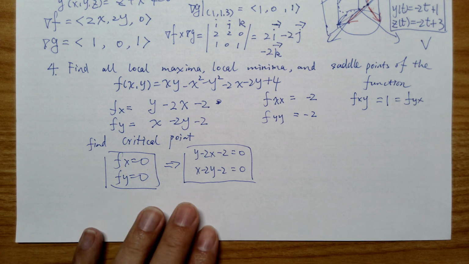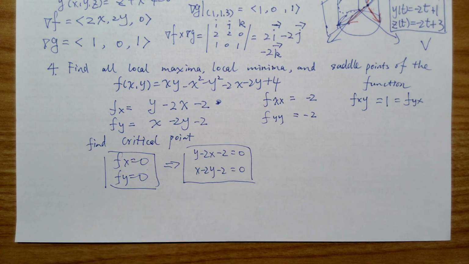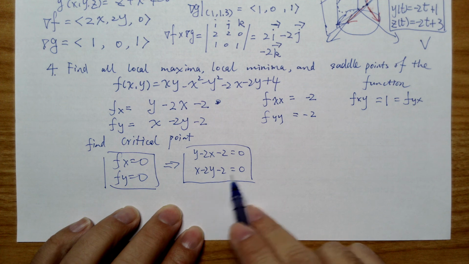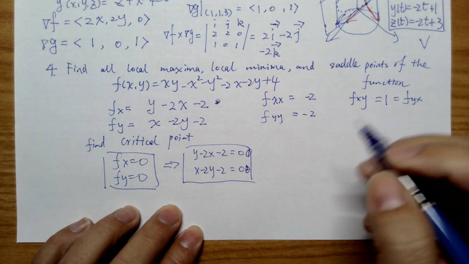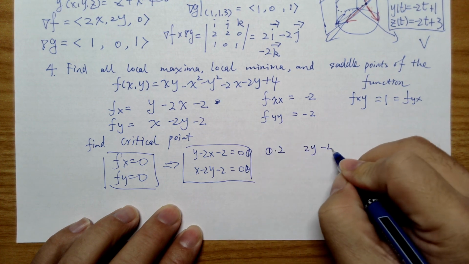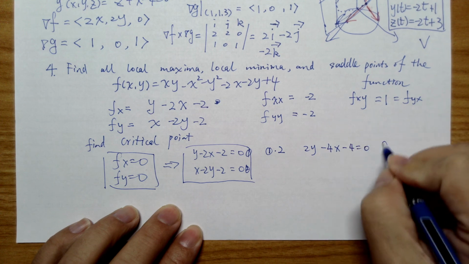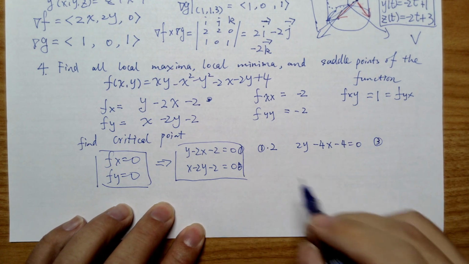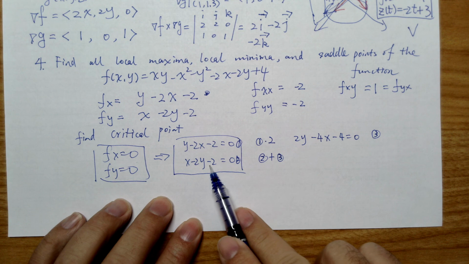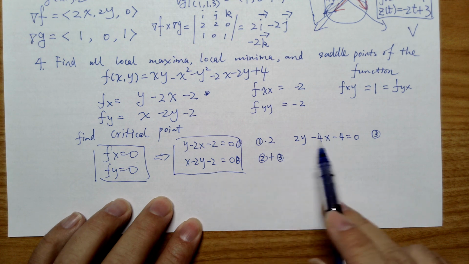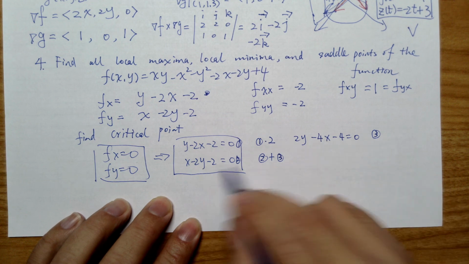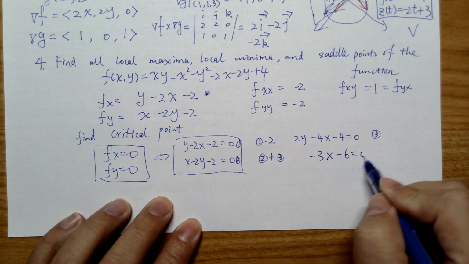We can solve this pair of equations to find the critical point. Label the first equation 1 and the second equation 2. If we multiply equation 1 by 2, we get 2y minus 4x minus 4 equals 0, which is equation 3. Adding equations 2 and 3, the 2y and minus 2y cancel, so we get negative 3x minus 6 equals 0.